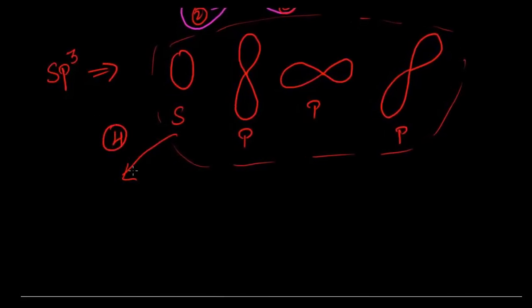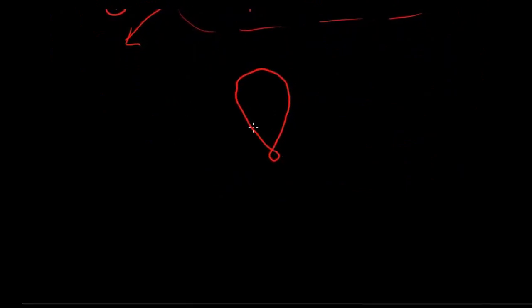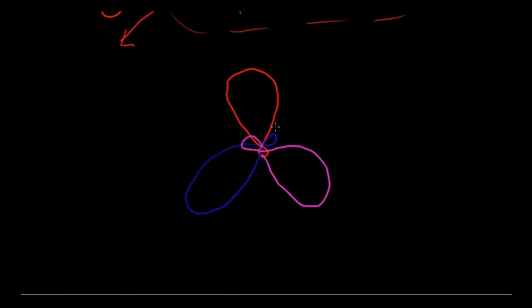Now there will be 4 hybrid orbitals. So what will be the arrangement for 4 hybrid orbitals? The arrangement will look something like this. This is my first atomic orbital, this is my second, this is my third, and there will be a fourth one.